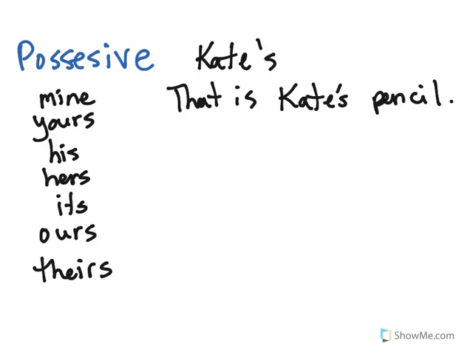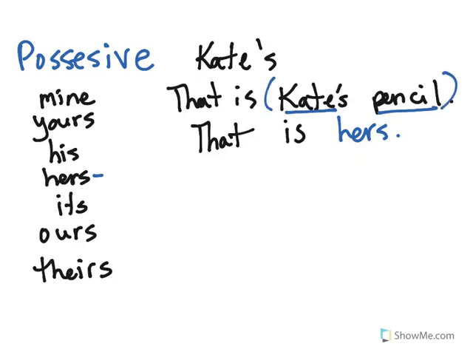So in this case, Kate is third person singular feminine, so I would want to use hers. So I could say something like that is hers. And hers replaces the possessive noun here as well as the noun that it's modifying. So possessive pronouns kind of replace a phrase instead of just one noun.